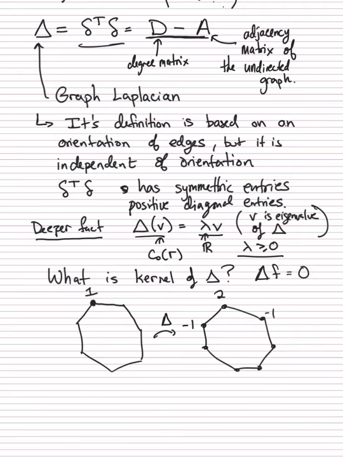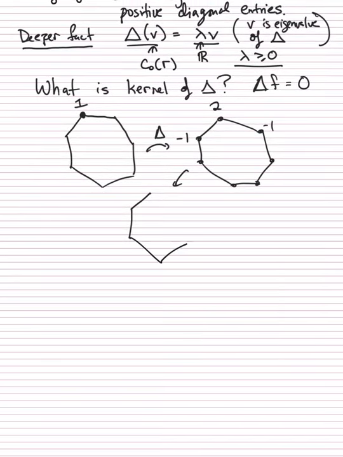The second application, well, let me see. So at this vertex, we get a contribution of 1, -2, 1. Similarly here, we get 1, -2, 1.